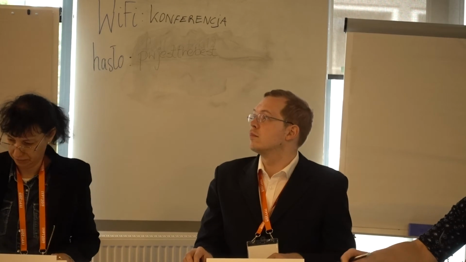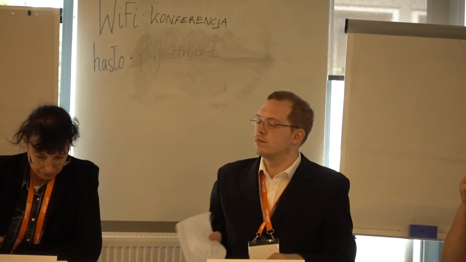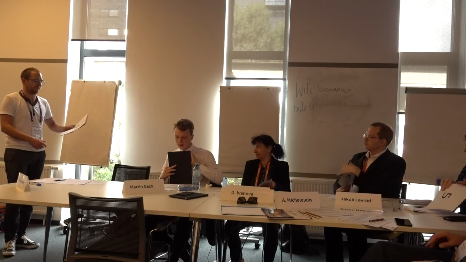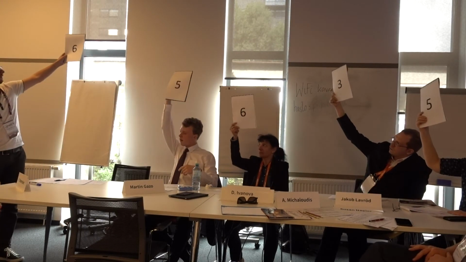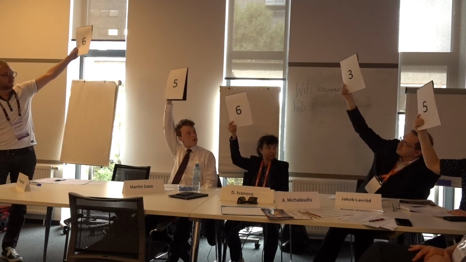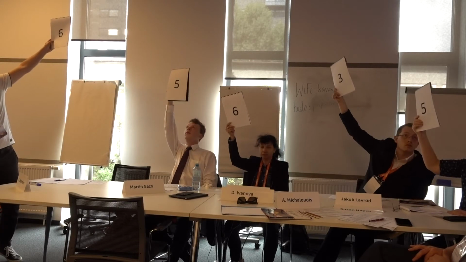No more time for additional questions, and we'll move on to grading. First of all, we show our marks for the reporter quiz. I'll read out the marks from my side: 6, 5, 6, 3, and 5.